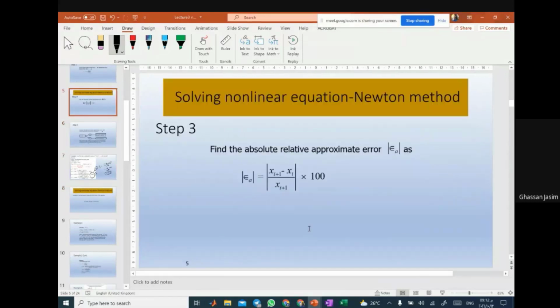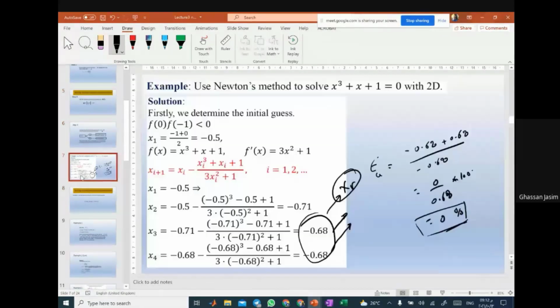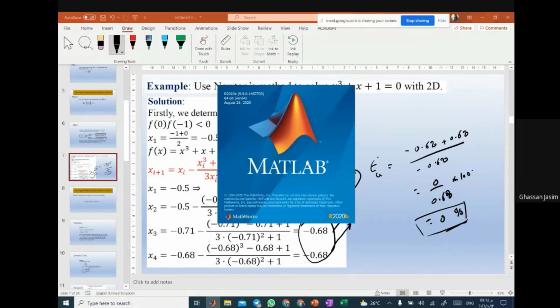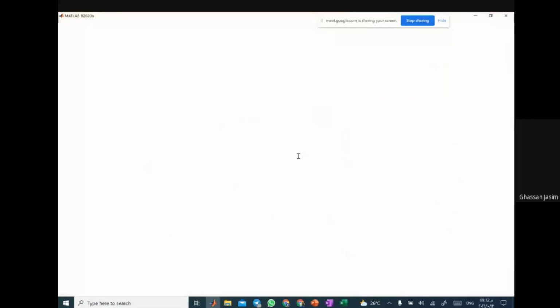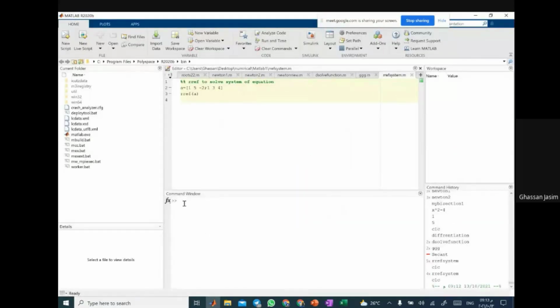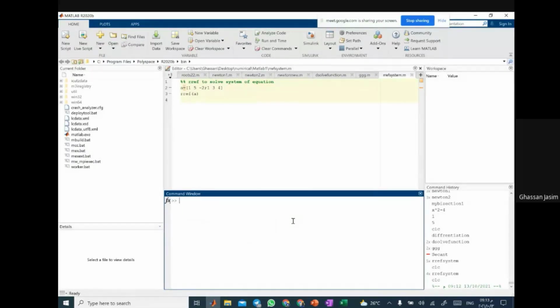Let's solve this in MATLAB. I will show you. If we say we have P equal, I will explain this, but now we just find the roots of this.